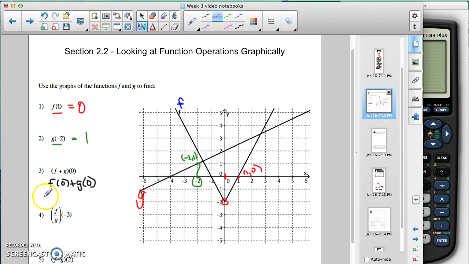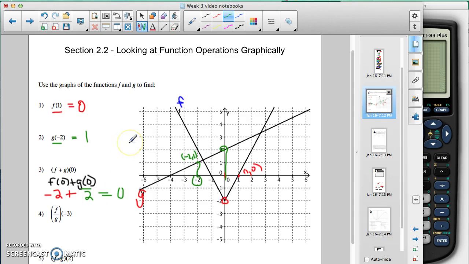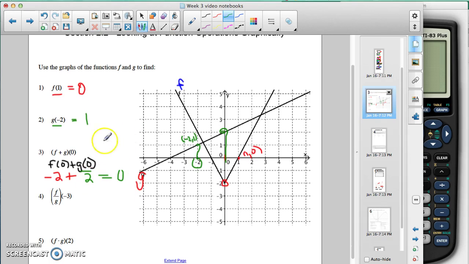So f of 0 is going to be -2. Right? And g of 0, we're going to look at 0 again right here, and we're going to go up to the g graph, and that's going to be this point. So that's going to be +2. So our answer here is going to be 0. It's -2 and +2.